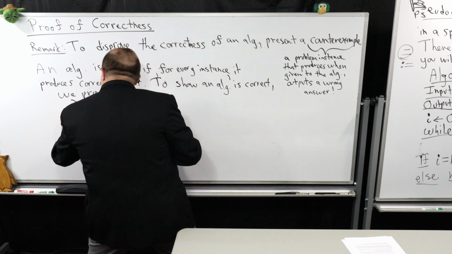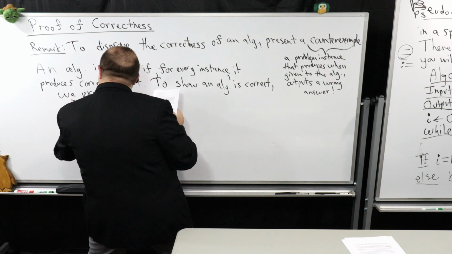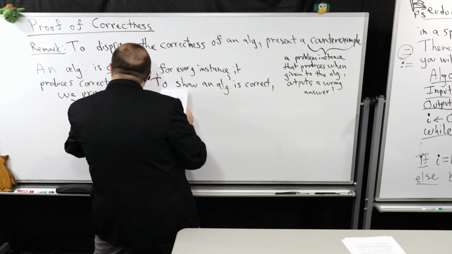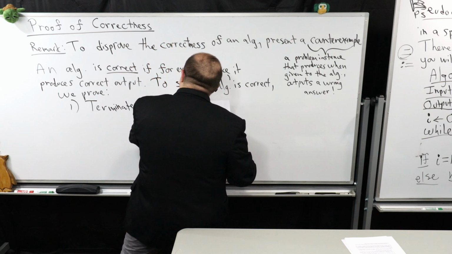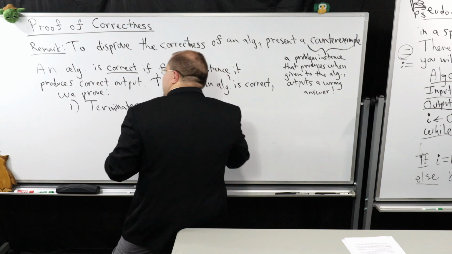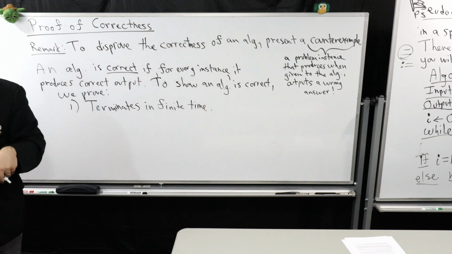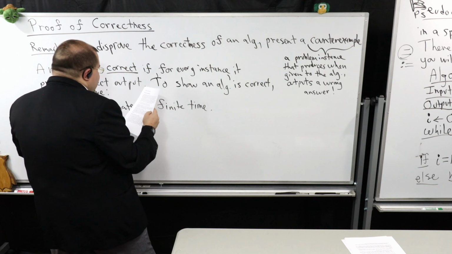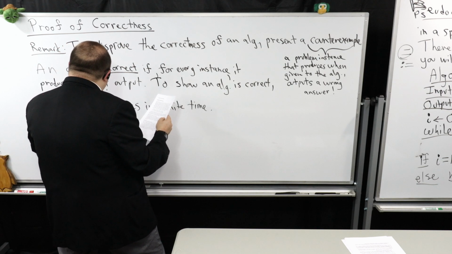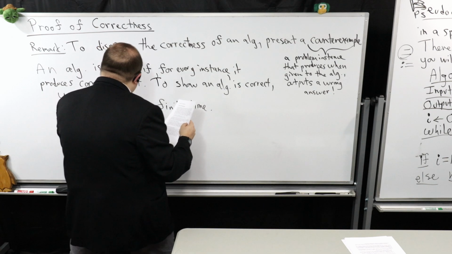The first one is that it terminates in finite time. Like I said earlier, if it doesn't terminate, it can't produce output, right? So it has to terminate in finite time. And of course, the most important one is that the algorithm produces correct output, right?